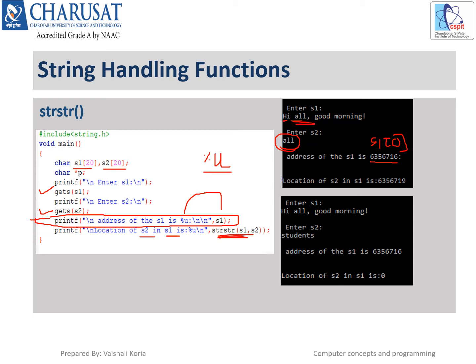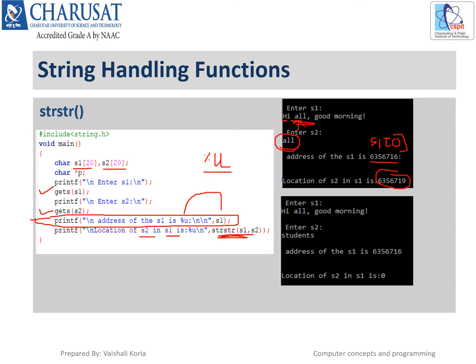This is 6356716, the address of H. So the address of I would be 717, then 718 and 719. The address of this A is 719, so it will print this address. The strstr function will print the location of the substring in s1, from where s2 starts in s1.